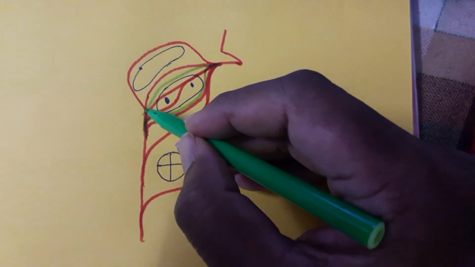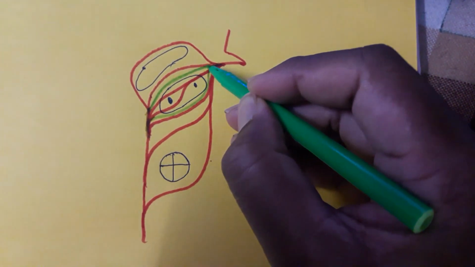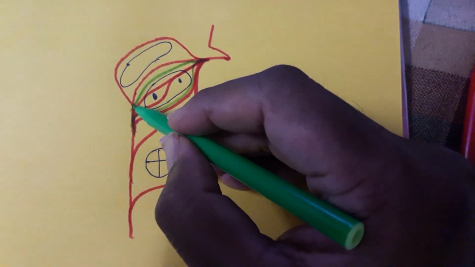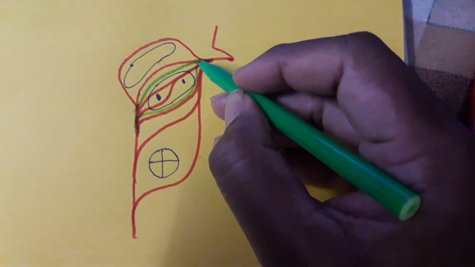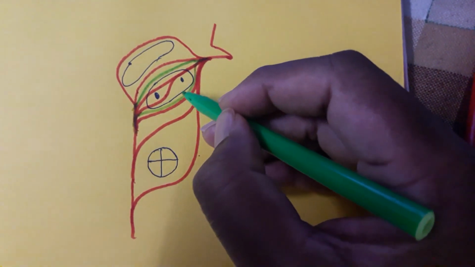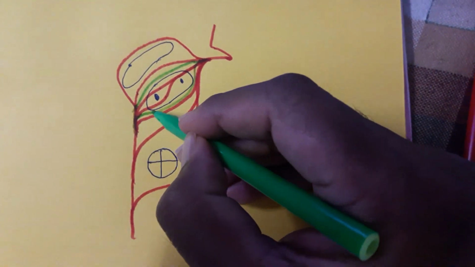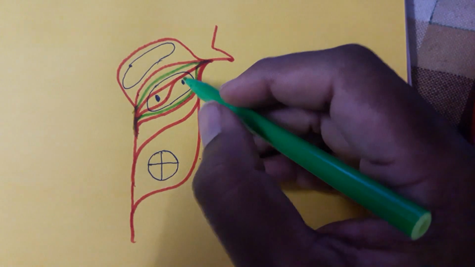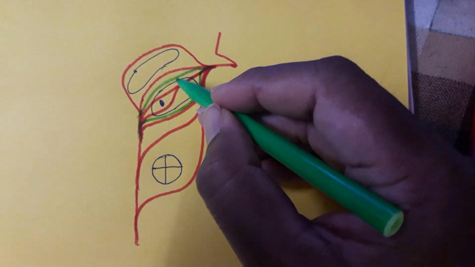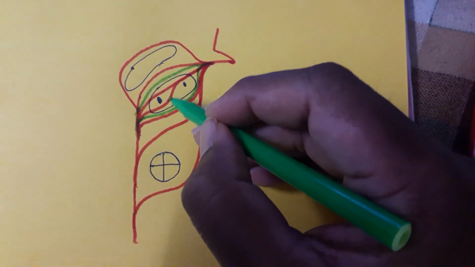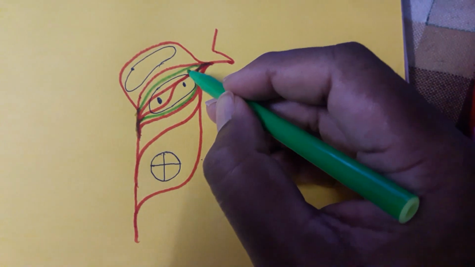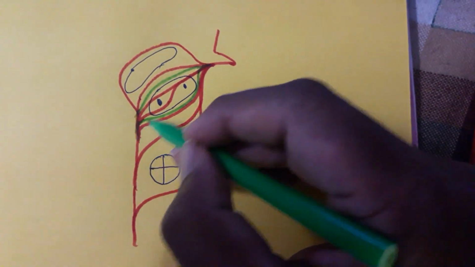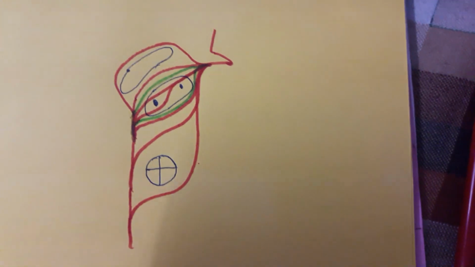The upper part may be thicker and the lower part may be thinner, or both may be the same size, or the lower part may be thicker, upper part may be thinner, or this upper part may pass in between the crura of the stapes.